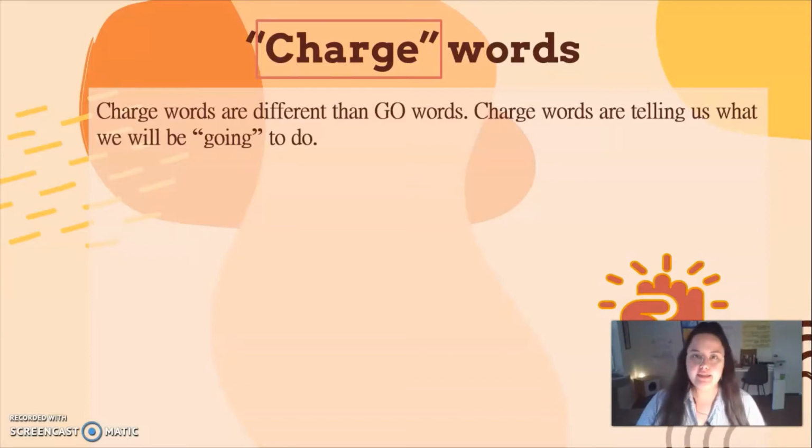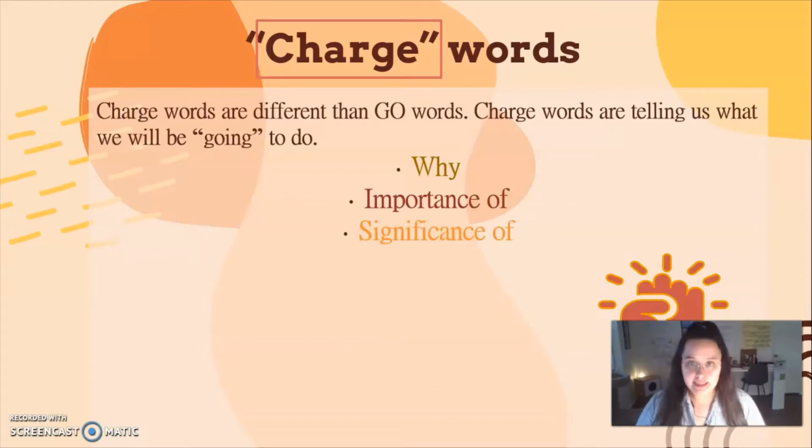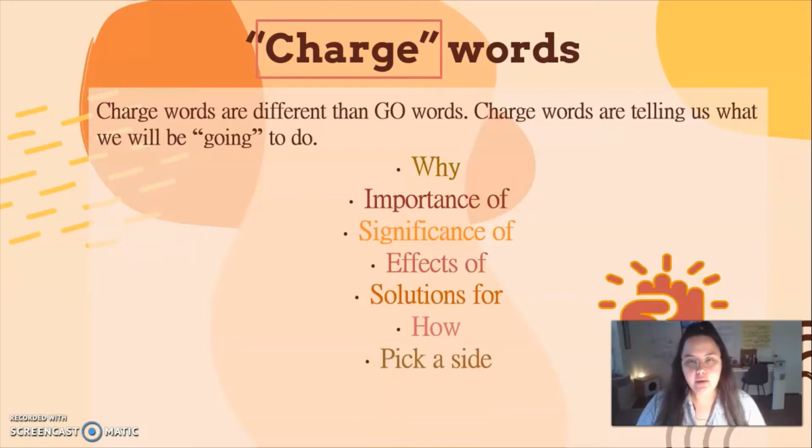So the charge word is telling us what exactly we're going to be writing about or how we're going to explain about something. Some examples are why, importance of, significance of, effects of, solutions for, how, pick a side, description. And I think, yeah, that was the last one.